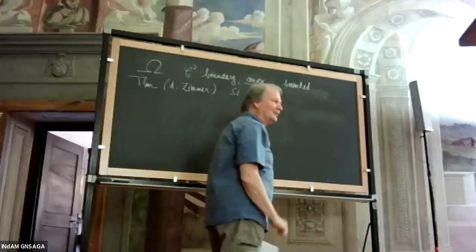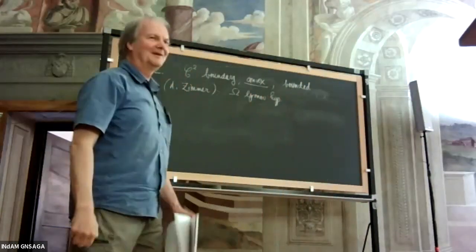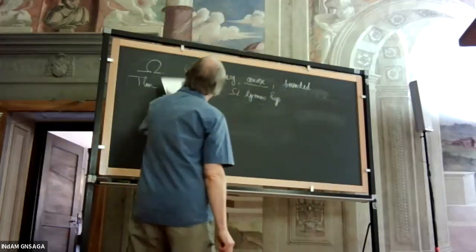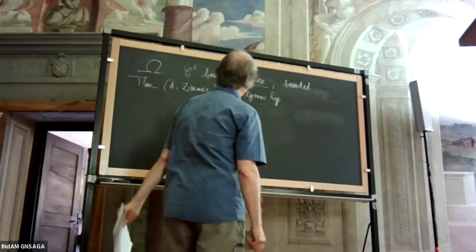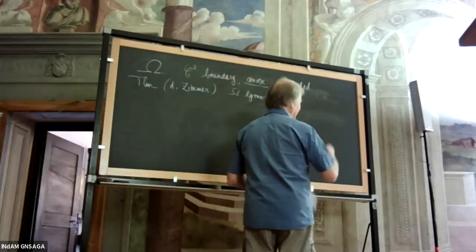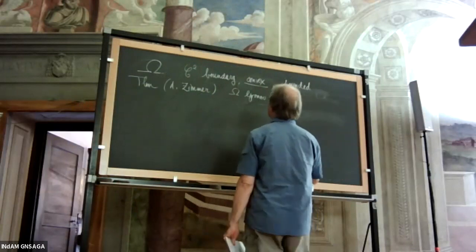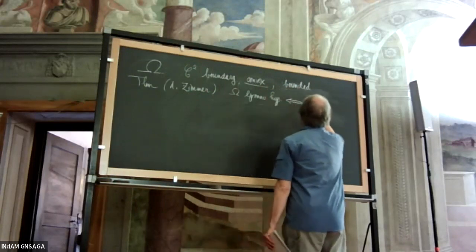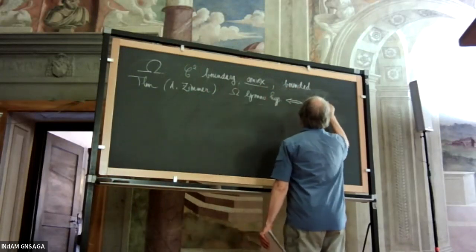Whenever I say smooth boundary, it more or less means that it's given by some defining function defined in a neighborhood of the boundary. So omega is Gromov hyperbolic if omega is of finite type.